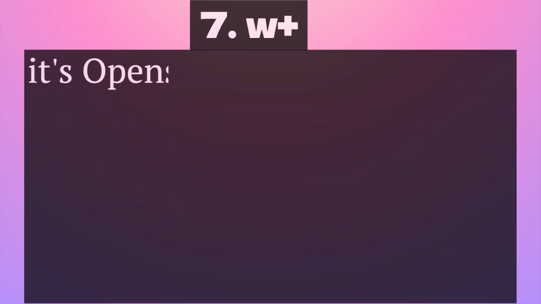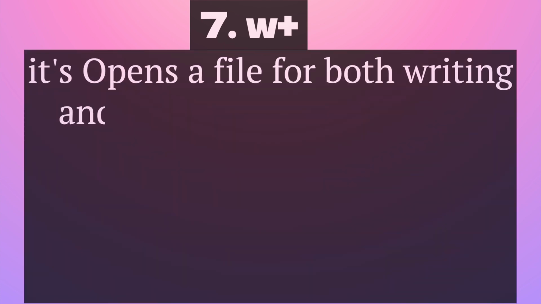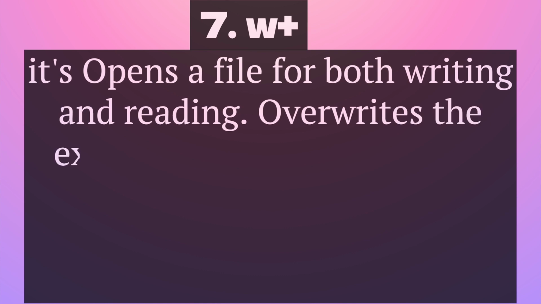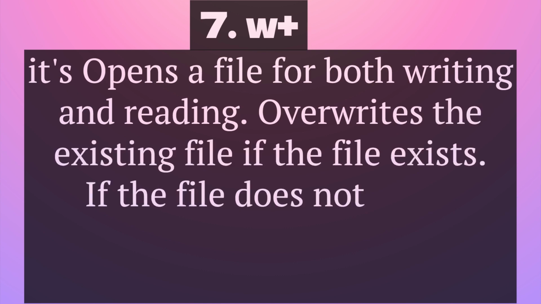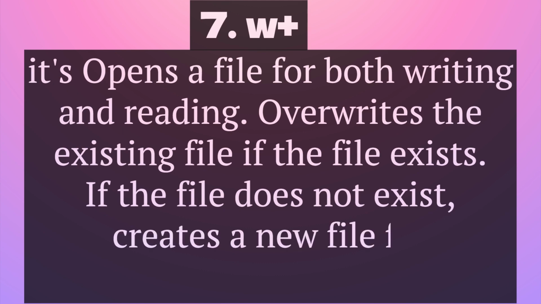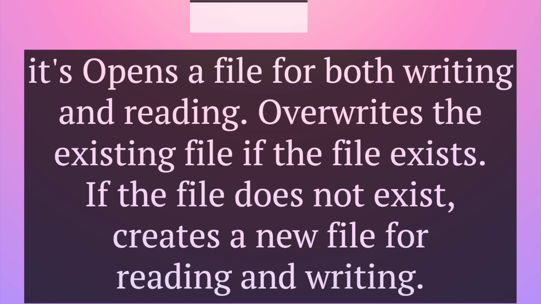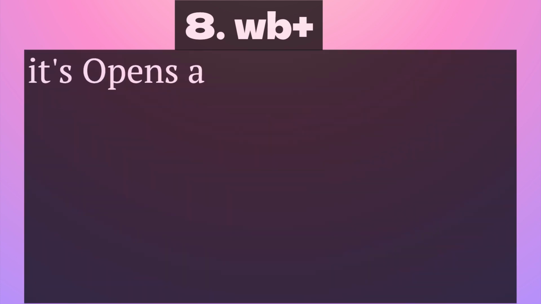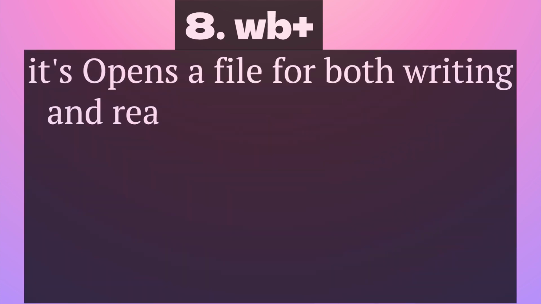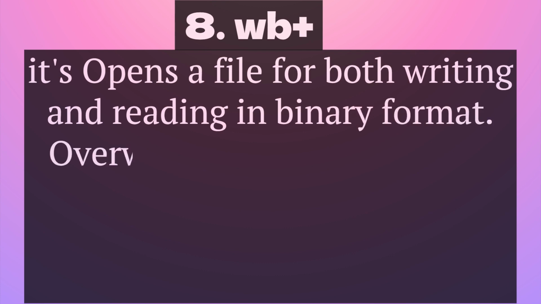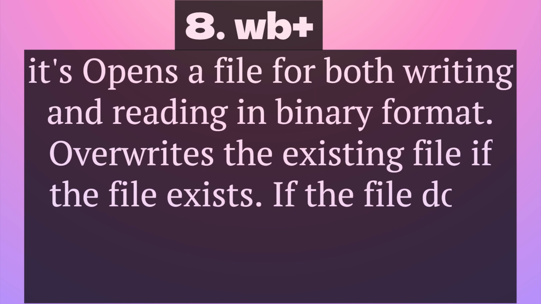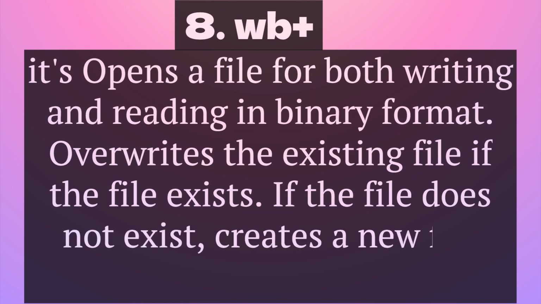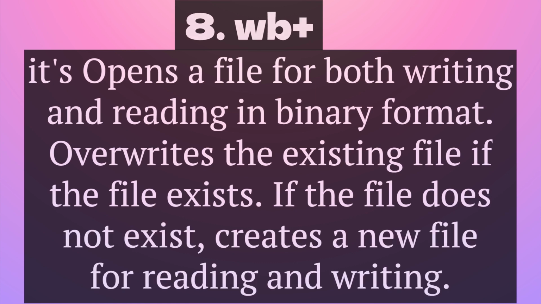It opens a file for both writing and reading. Overwrites the existing file if the file exists. If the file does not exist, creates a new file for reading and writing. 8. wb+. It opens a file for both writing and reading in binary format. Overwrites the existing file if the file exists. If the file does not exist, creates a new file for reading and writing.